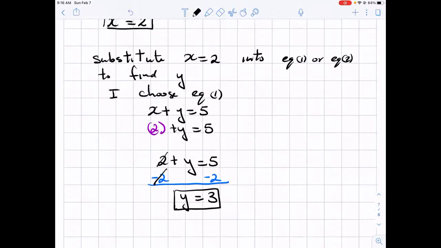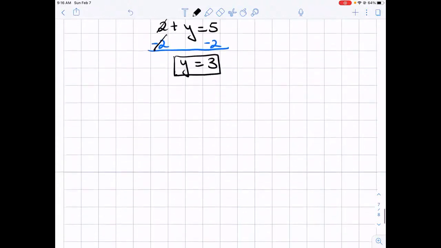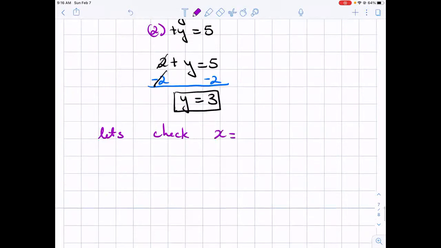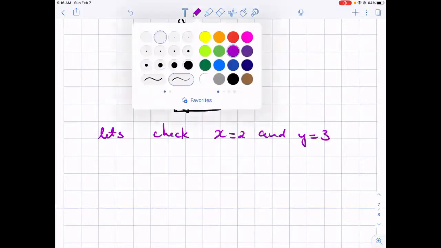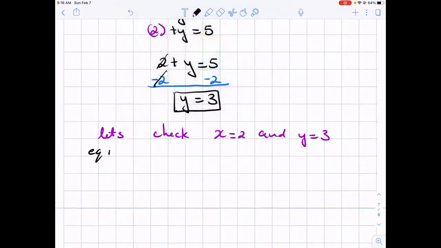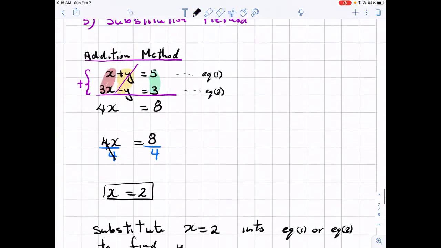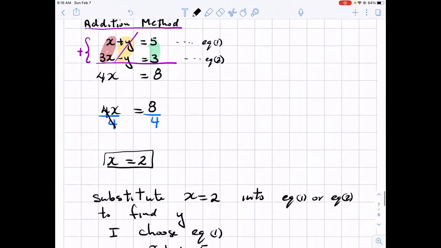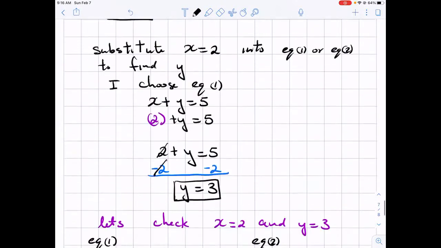Now we can check this, which we should. Okay? Let's check. We got x is 2 and y is 3. And remember, we have two equations. Equation 1 is x plus y equals 5. Equation 2 is 3x minus y equals 3.